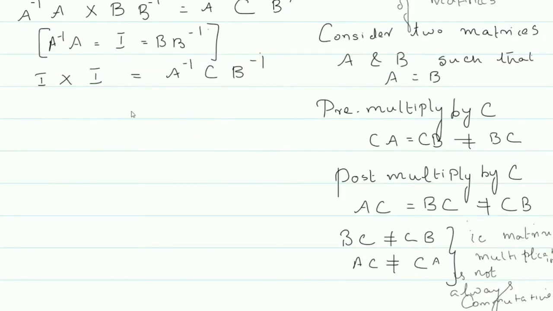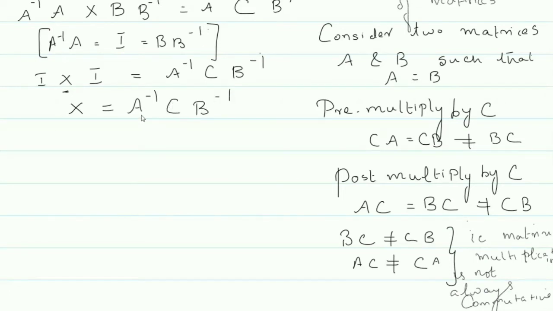So this is X, and I X I means you are multiplying the matrix X by I. That means you get back the original matrix X, which is equal to A inverse C B inverse.